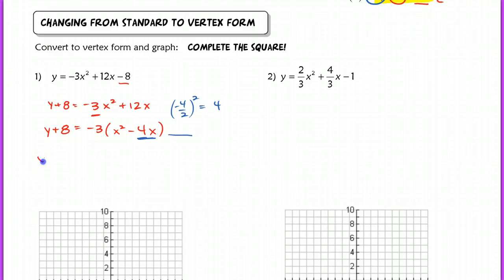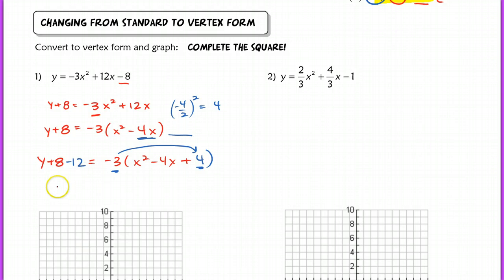I'm left with y plus 8, I'm going to leave a space there, equals negative 3 times x squared minus 4x plus this new term, a positive 4. Now I need to make sure I'm adding to the other side a factor of negative 3 times 4, which is really negative 12, so that I can balance this correctly.